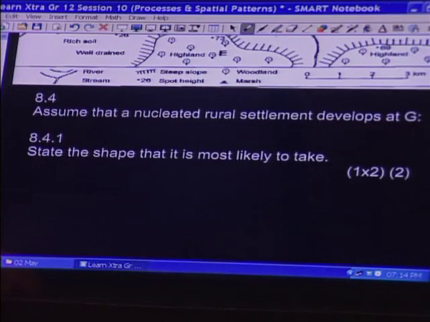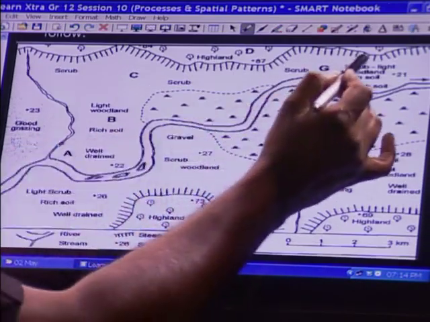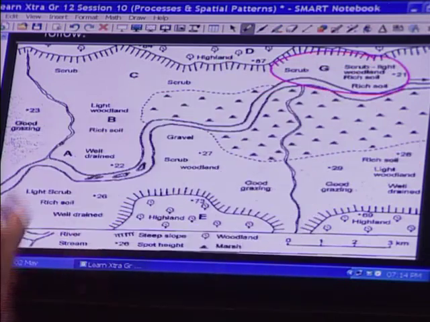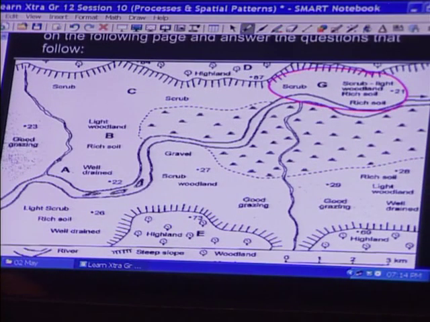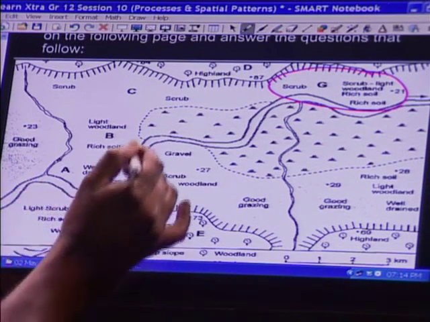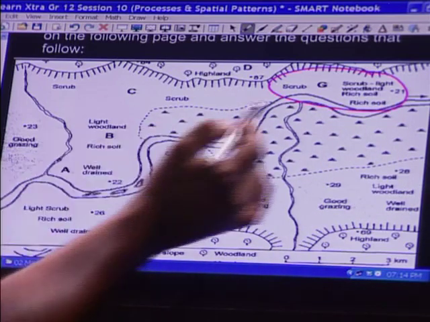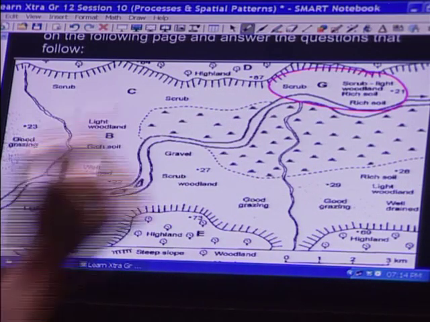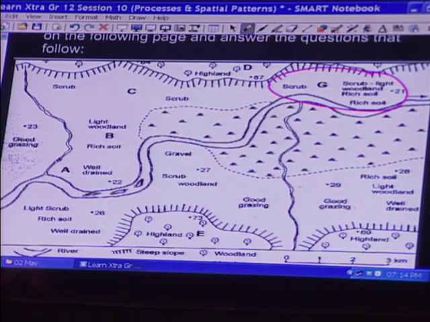Assume that a nucleated rural settlement develops at G. Let's find location G. The question, state the shape that it is most likely to take. Looking at G, we have a situation of a physical feature, in this example, a river. If G were to occur, it would occur close to scrub, light woodlands, and rich soil.